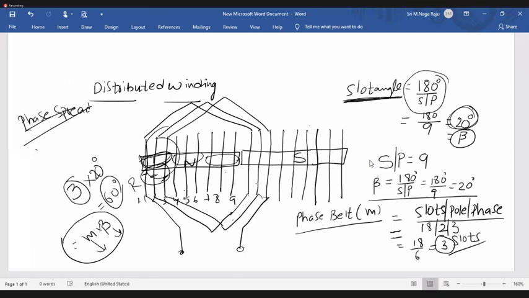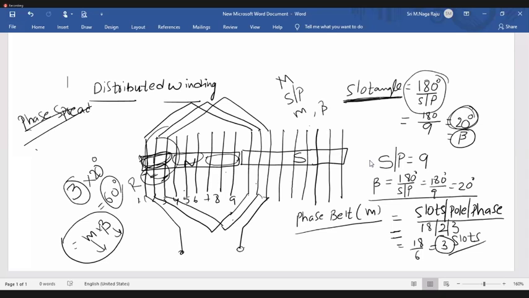I hope you got it. So don't confuse. While analyzing or solving the problems, you need to mention each and every one: the number of slots per pole, m value, beta value and phase spread value.